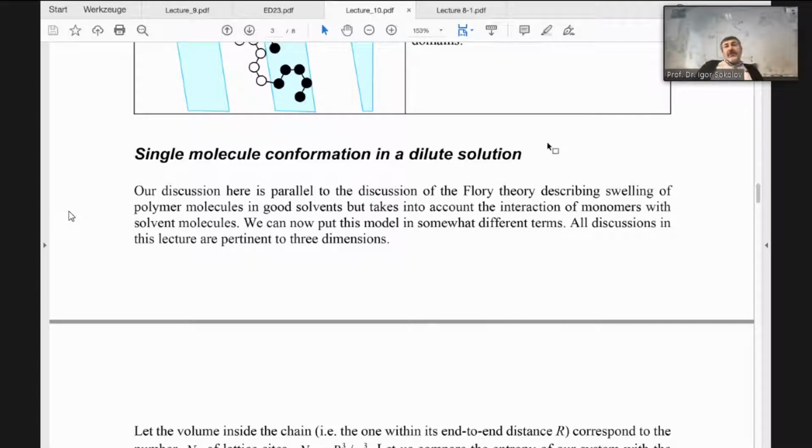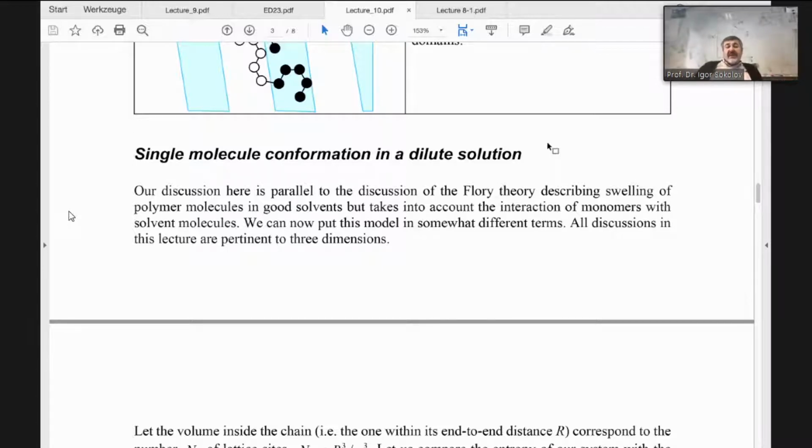We only perform this discussion in the case of a thermal solvent. And let's have a look at what happens with the molecules in a good solvent, in a poor solvent, or at the transition when chi is equal or around 1/2 in a dilute solution, where you have the transition from good to poor solvent or back.